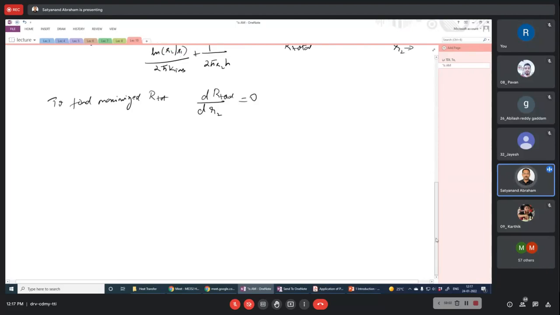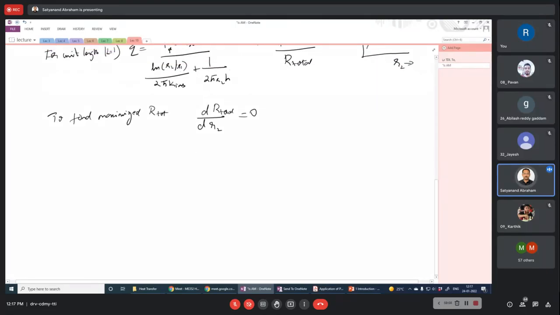What we can say is ln R2 by R1, which is ln R2 minus ln R1. The second term is going to 0, and the first term, the derivative of ln R2, is 1 by R2.